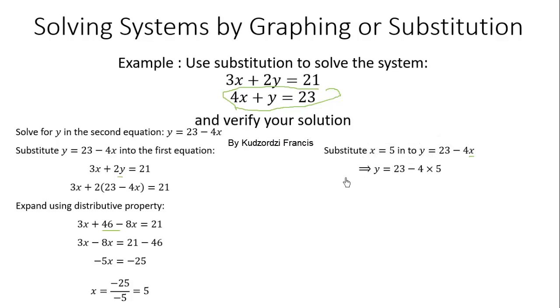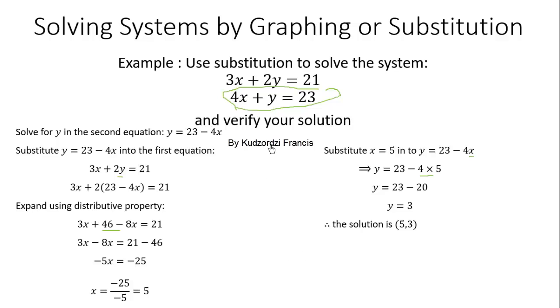And that will give us y is equal to 23 minus 4 times 5. 4 times 5 will give us 20. Hence, 23 minus 20 is equal to 3. Therefore, our solution is 5, 3.